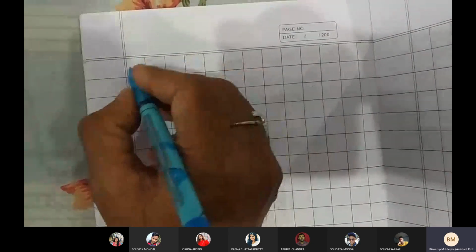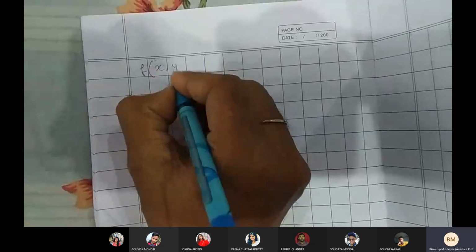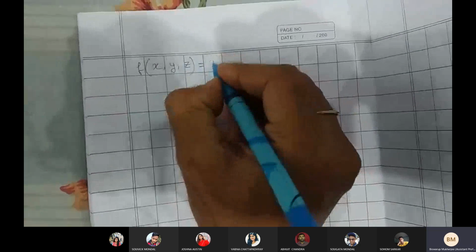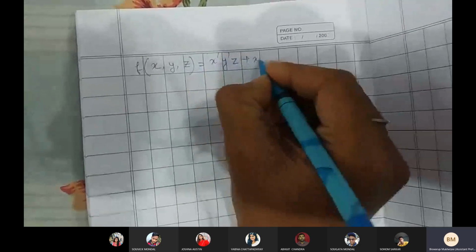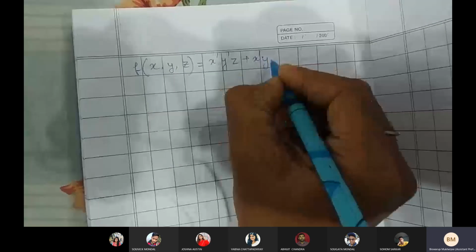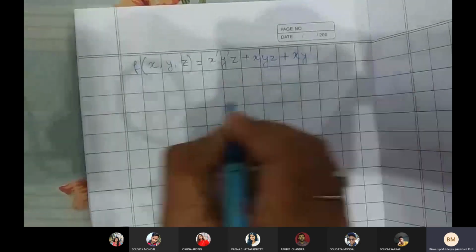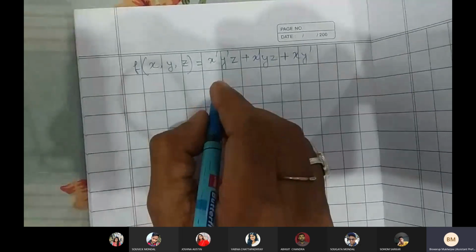Maybe you can have something like this: f is a function of x, y, z, which is equal to x bar y bar z plus x bar y z plus x y bar. So how to minimize that one?